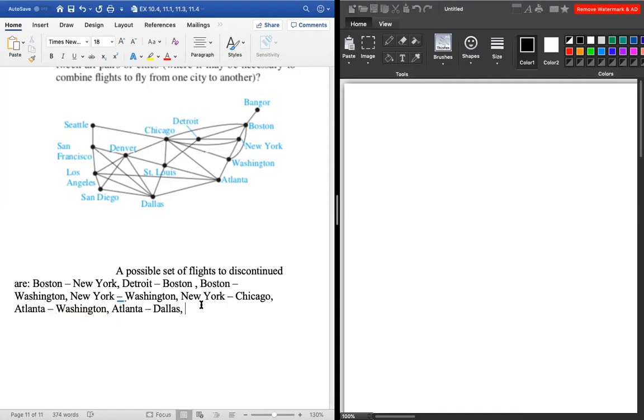So we can cancel out Atlanta to Dallas, Atlanta to Los Angeles, Atlanta to St. Louis, Denver. Cancel out Dallas to San Diego.